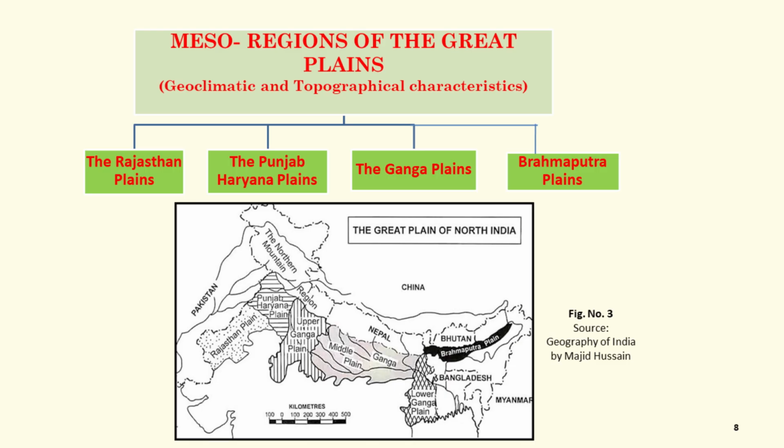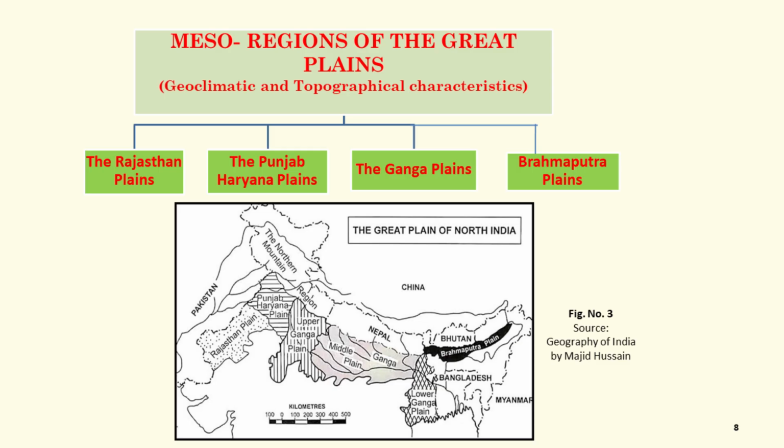Mesoregions of the Great Plains. On the basis of geoclimatic and topographical characteristics, the Great Plain is divided into the Rajasthan Plains, Punjab Haryana Plains, Ganga Plain, which constitutes Upper Ganga Plain, Middle Ganga Plain and Lower Ganga Plain, and the last one, lying on the eastern side of India, the Brahmaputra Plain.